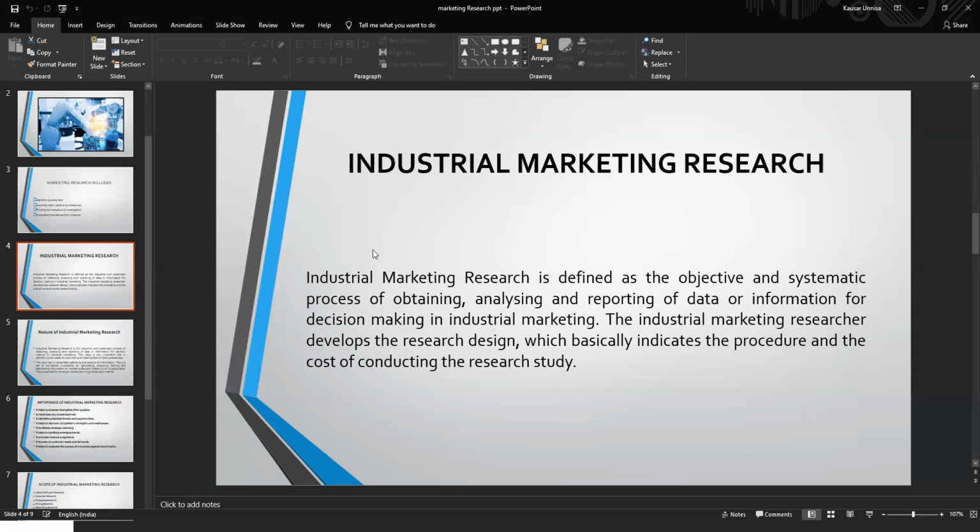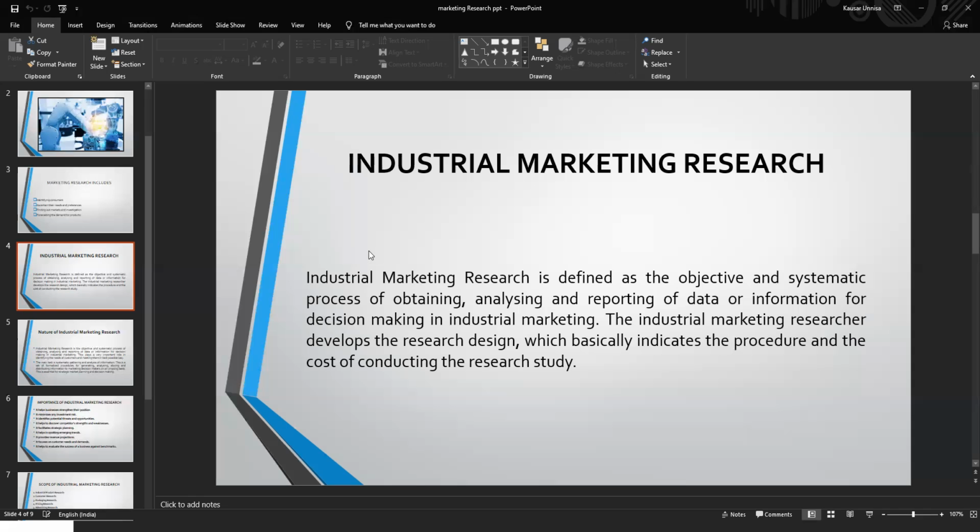It is a special branch of marketing management where the marketing problems and their solutions can be handled in a systematic process. So industrial marketing research plays a very significant role in identifying the needs of customers and meeting them in the right manner.